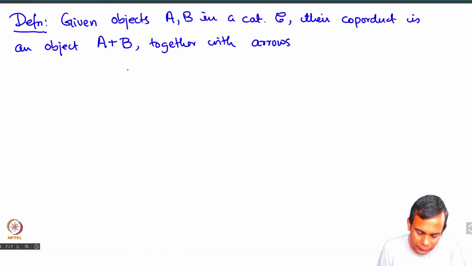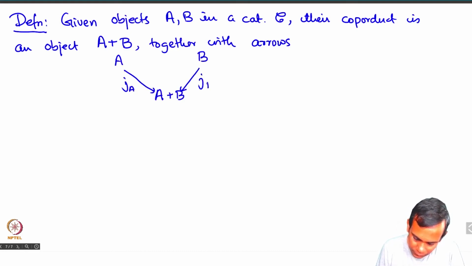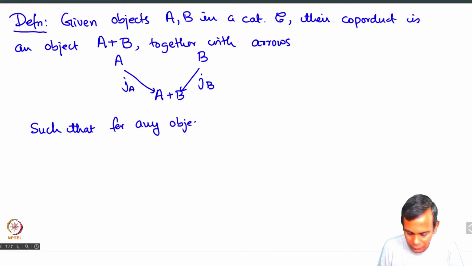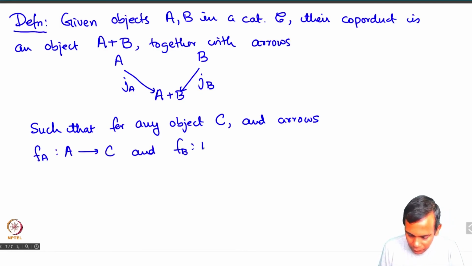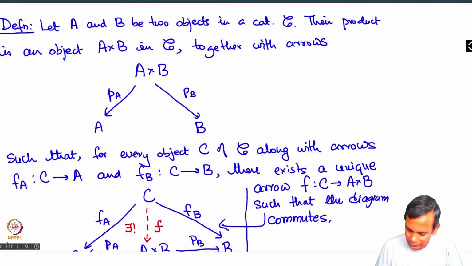Earlier we had A cross B with arrows to A and B. Now what we have is A plus B, and we have an arrow from A to A plus B, which we'll call J_A, and another arrow from B to A plus B, J_B, such that for any object C and arrows F_A from A to C and F_B from B to C. So if you go back to the definition of a product, we are reversing the directions of all the arrows.